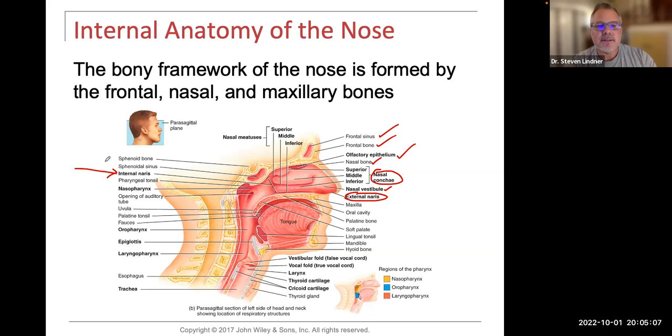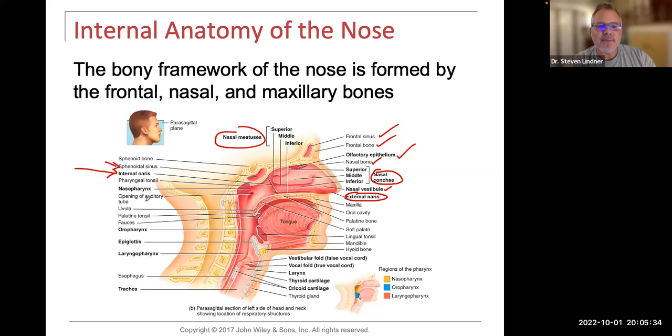Here's the sphenoidal sinus, which is just under where the pituitary gland would be. We've already showed you the frontal sinus. Now, between the inferior, middle, and superior turbinate, or inferior, middle, and superior concha, are the nasal meatuses: inferior, middle, and superior meatus.